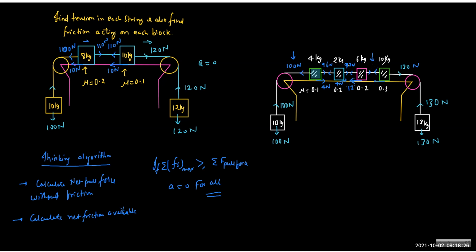So 10 kg is the deciding factor. So we can see here that 92 plus 12 is 104 Newton here, and now one side is 130 Newton. So how much friction we need here on the 10 kg block to balance it? 26 Newton.